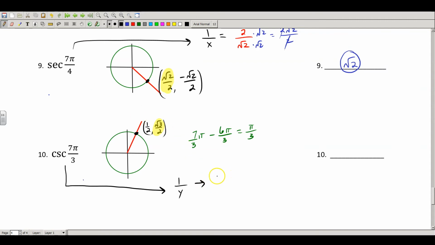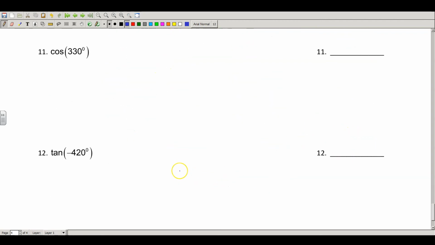Cosecant is the reciprocal of that, so 2 over √3. So similar to the last one, we're going to get rid of this square root of 3 on the bottom. So our answer would be 2√3/3. And we would just keep on doing those types of problems.